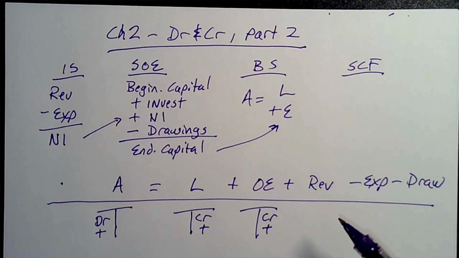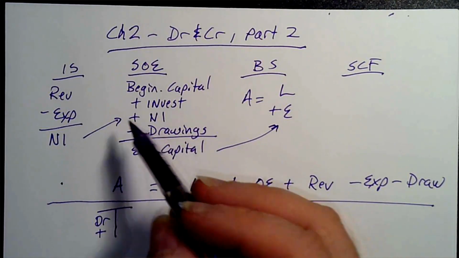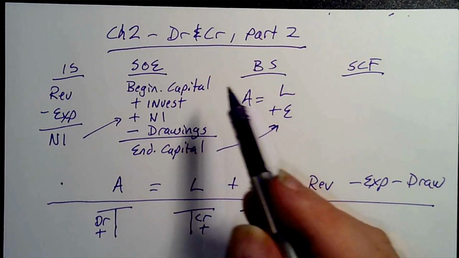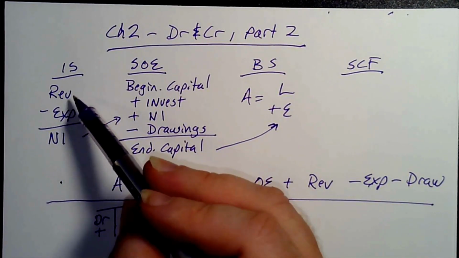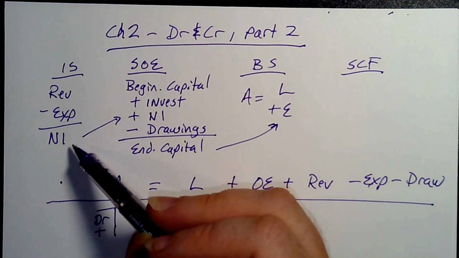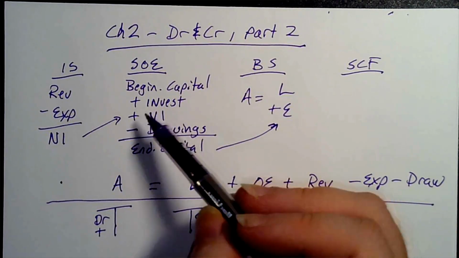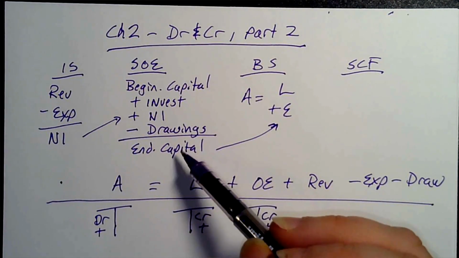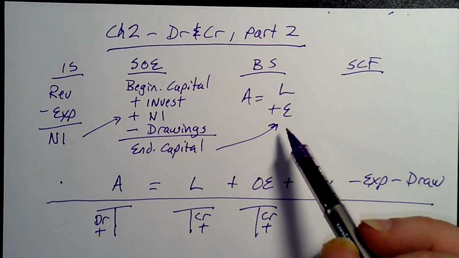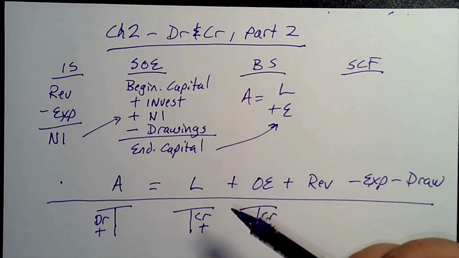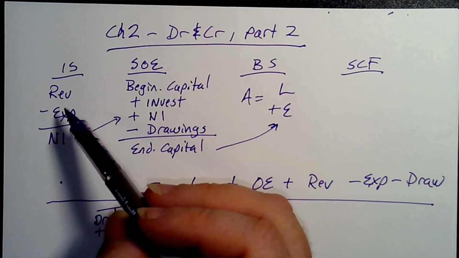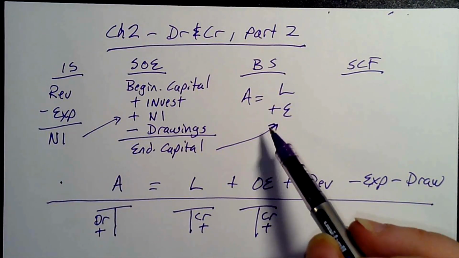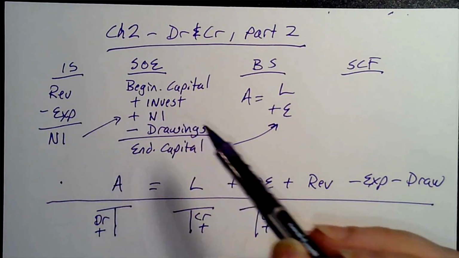So let me remind you of the logic train about how and why revenues get put into the equity. If revenues go up, that means net income goes up, all else being equal. If net income goes up, ending owner's capital goes up, and then the owner's capital goes into equity, meaning the equity goes up. So as revenue goes up, so does equity, meaning revenue acts like equity.